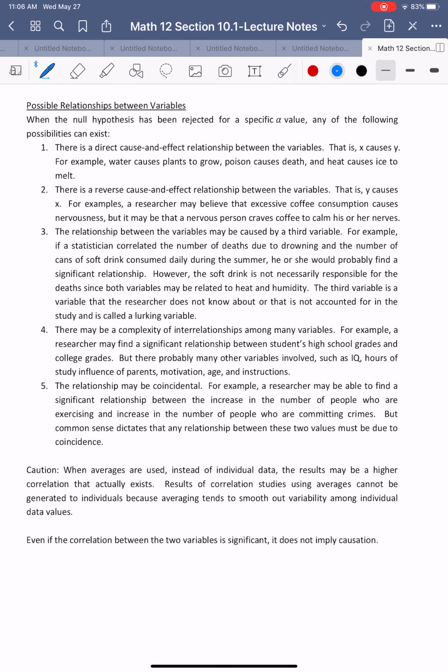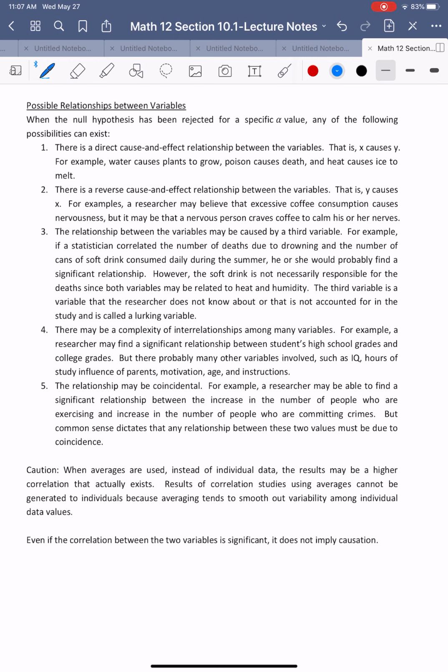There may also be complex interrelationships among many variables. For example, the researcher may find a significant relation between students' high school grades and college grades, but probably many other variables are involved, such as IQ, hours of study, influence of parents, motivation, age, and instruction.